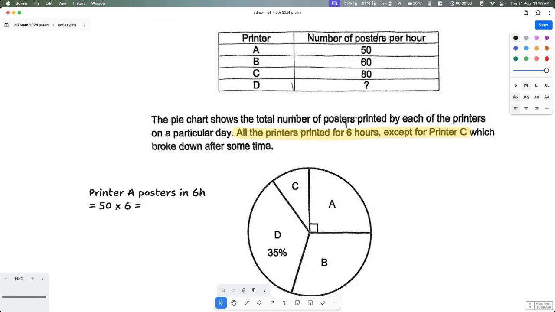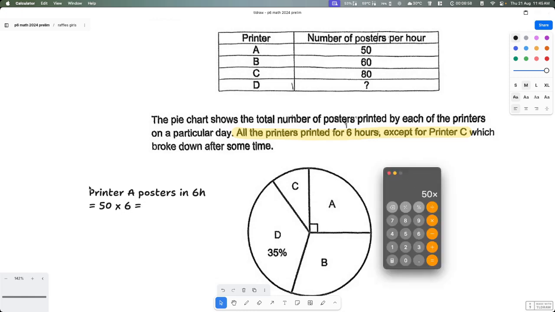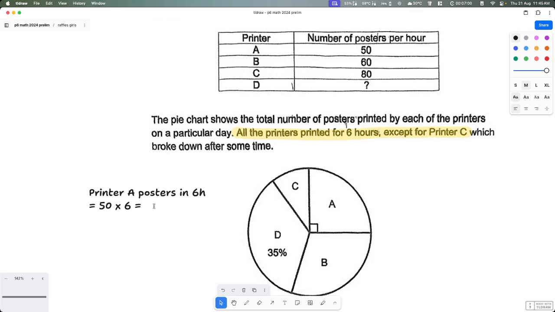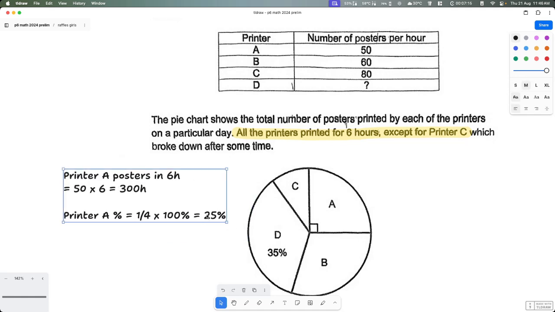Using the calculator, 50 times 6 gives us 300 posters. And printer A's percentage is basically 1 quarter times 100%, which is equal to 25%. So printer A over here is 25%.